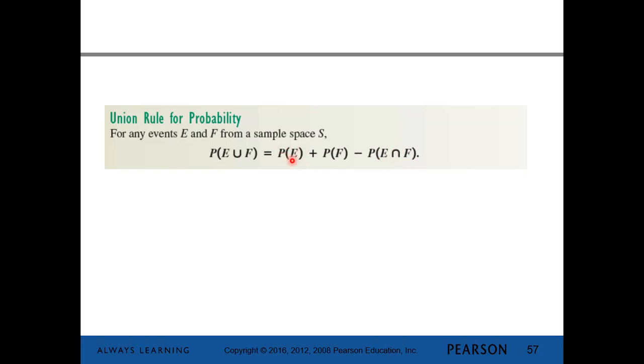So you're adding these two together, subtracting this, and dividing by the total number of outcomes in the sample space, because they're all the same. It's like adding fractions with a common denominator. So it's directly related to what we were dealing with in sets, because that's exactly how we defined probability, right?